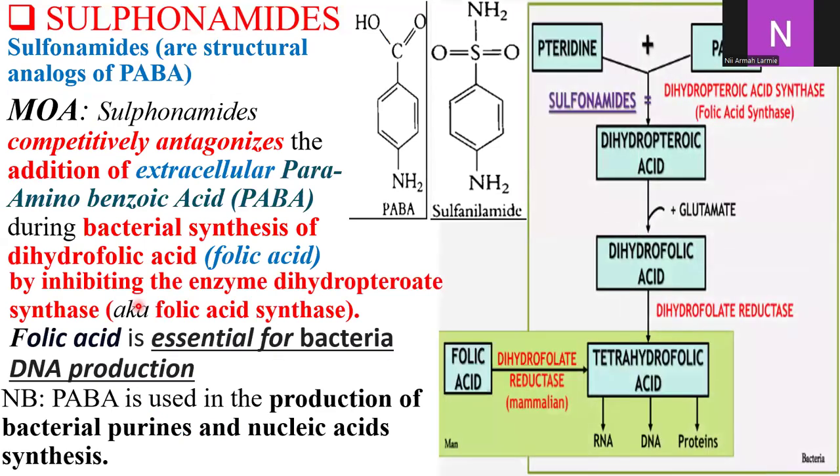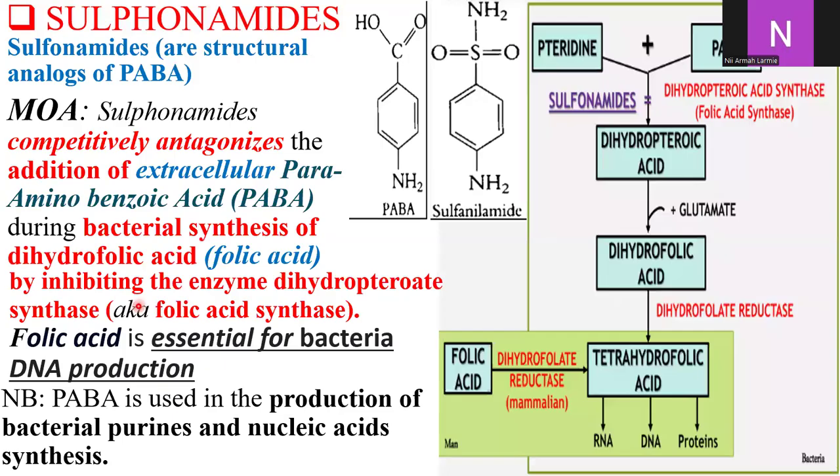Now, to understand sulphonamides, we have to understand how microorganisms make folic acid or dihydrofolate, a component that is integrated to tetrahydrofolic acid, which is used by microorganisms in the synthesis of DNA.